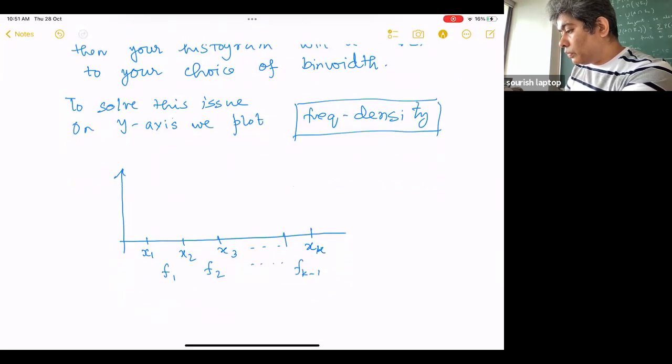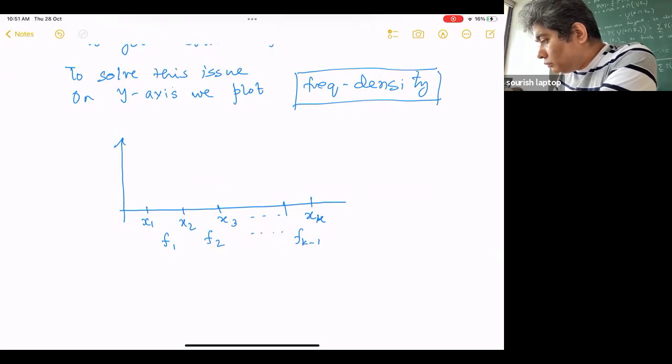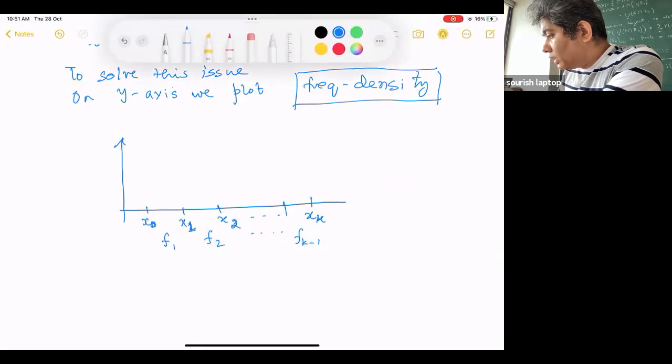So these are the frequencies. Or, I think the typical thing is 0, 1, 2 up to k. Then we will solve this issue of indexing.